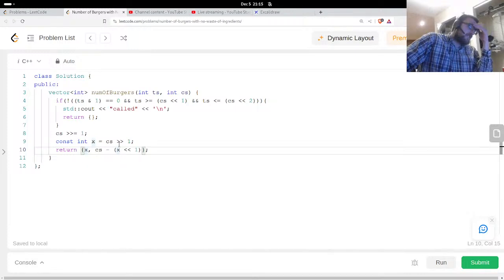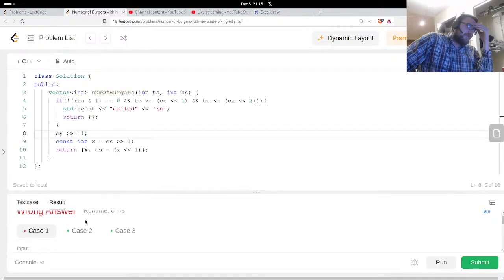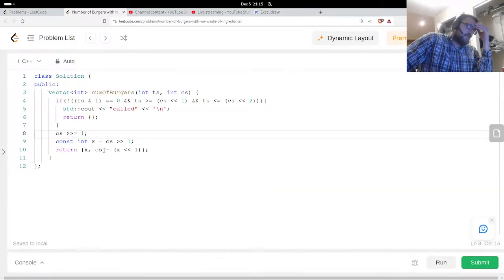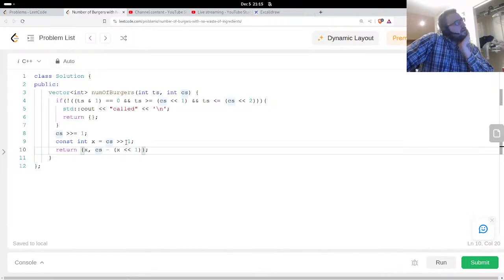No kidding. Shouldn't this be 4? Oh no, but it's the cheese slices. Yeah, I guess. What is going on?